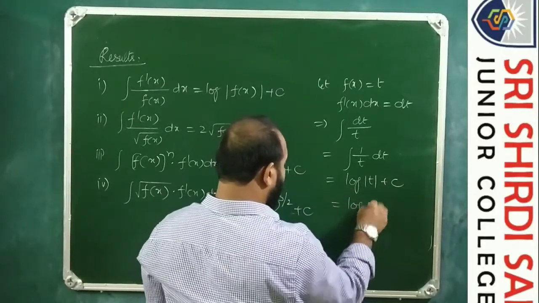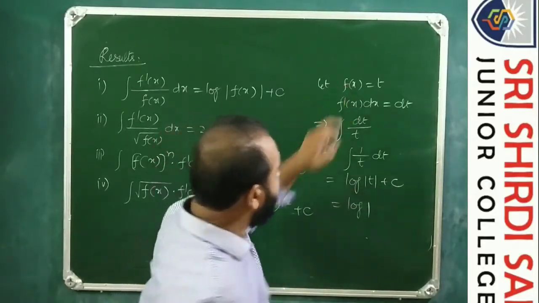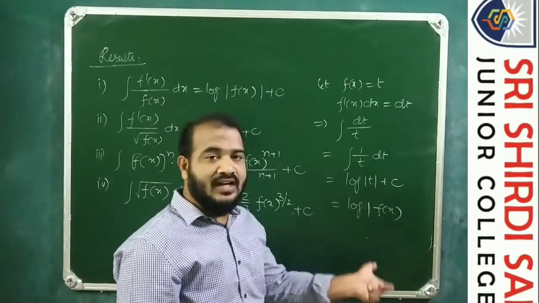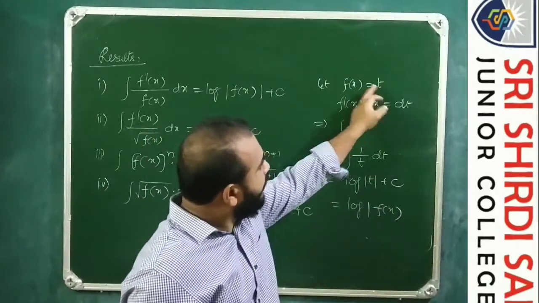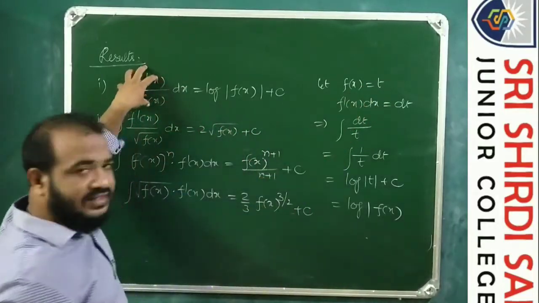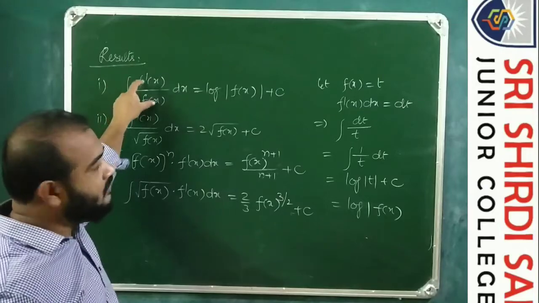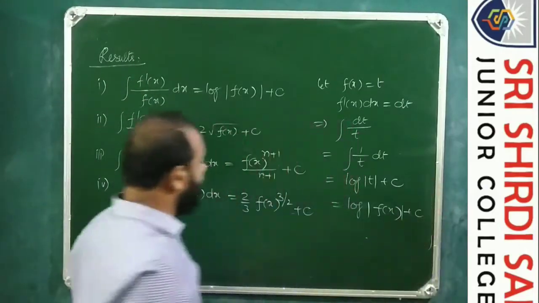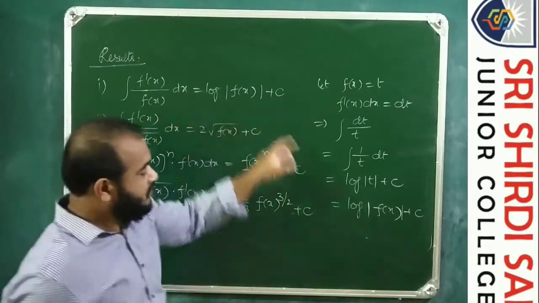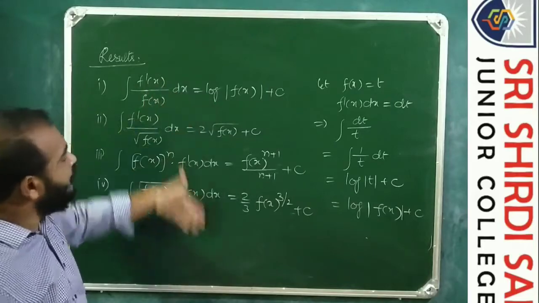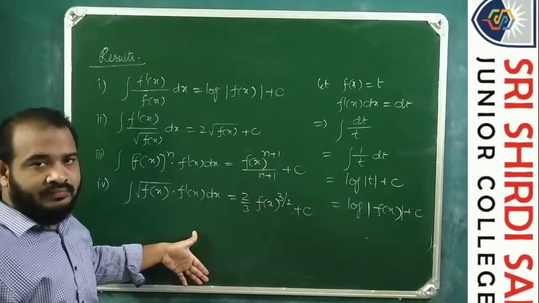So log modulus of t is nothing but log modulus of f of x, because as we discussed earlier, t is to be replaced back by f of x, since the given integral is in terms of x only. So log mod f of x plus c. In this way we can prove these results as well.